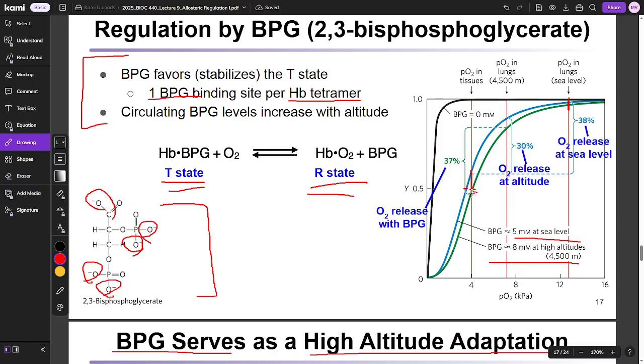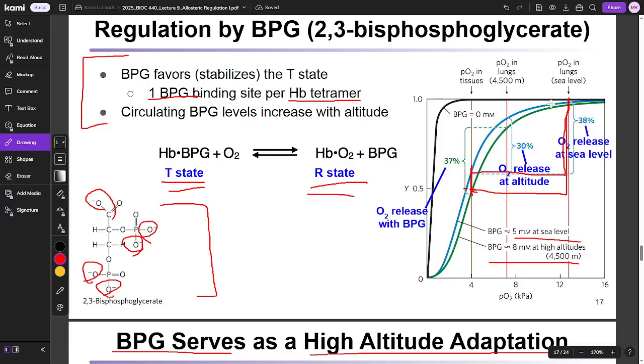Notice that the drop from here to here is probably a little bit more than it is from here to here. So notice how we're technically releasing a little bit more O2 when we shifted this.